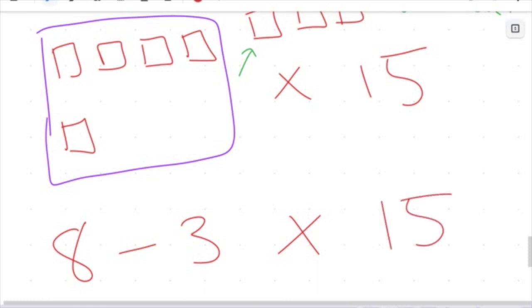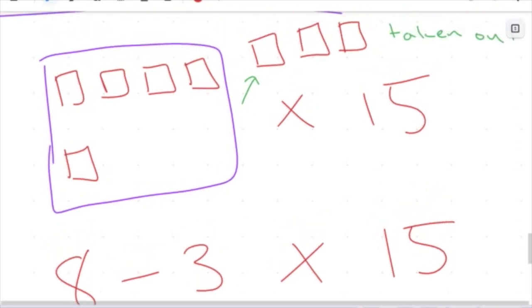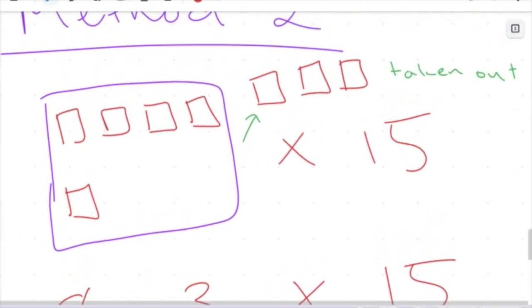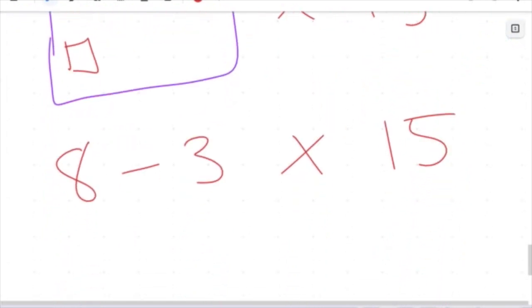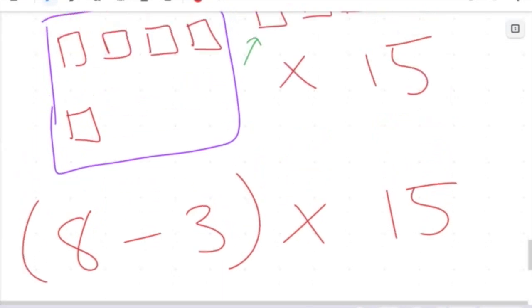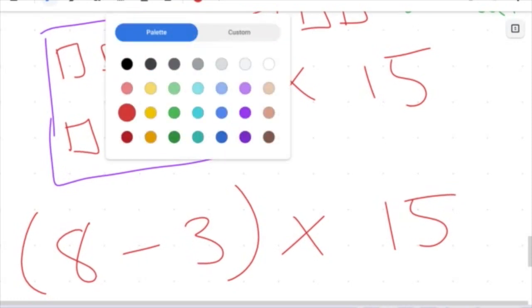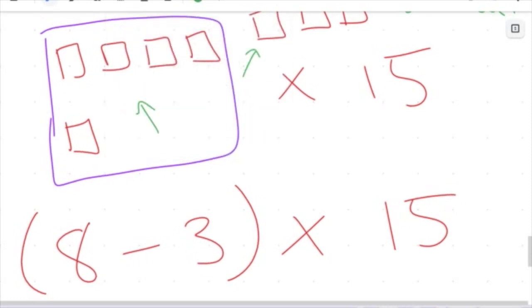In this case, it is context dependent. For this question, I had my 8 books, then I took 3 out. Then I found out how many books that would be in total for my 15 boxes. So my 8 minus 3 actually got done first. So I'm putting brackets around that.